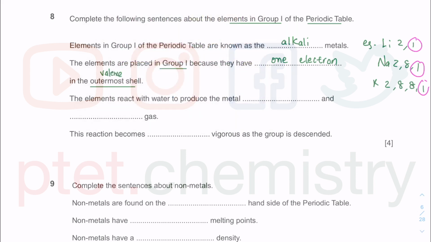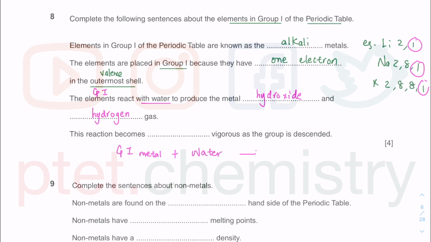electron there. These group 1 elements react with water to give you metal hydroxide and also hydrogen gas. These are your word equation. So group 1 metal, basically a reactive metal, plus your water.